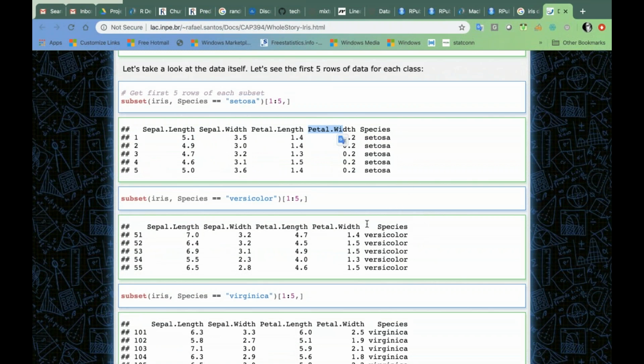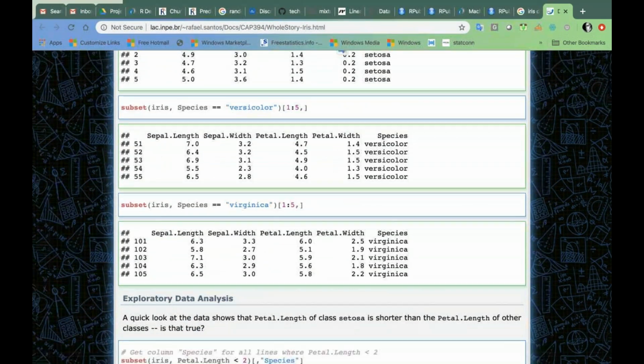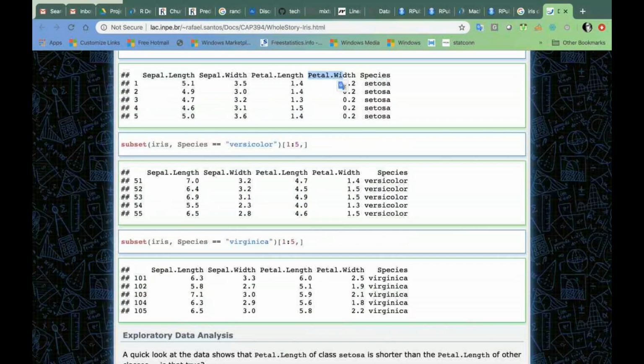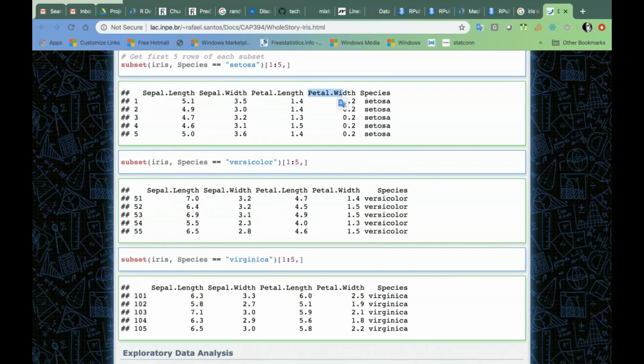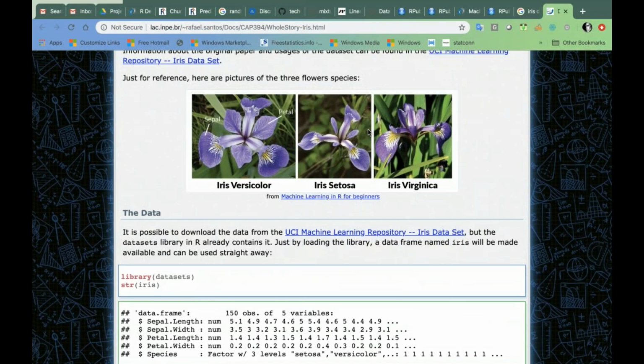Based on that, it is decided which species the flower belongs to: either it is a setosa, or a versicolor, or a virginica species. You can see these 3 things at the top. So this is not the major project we'll do.